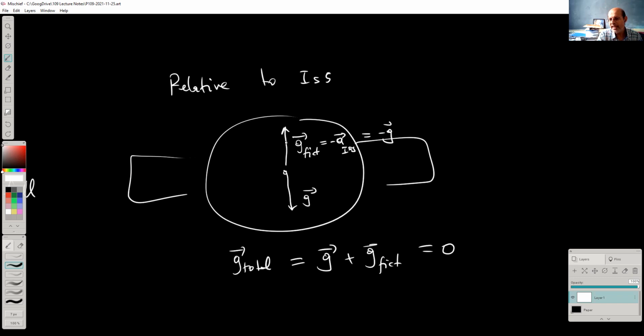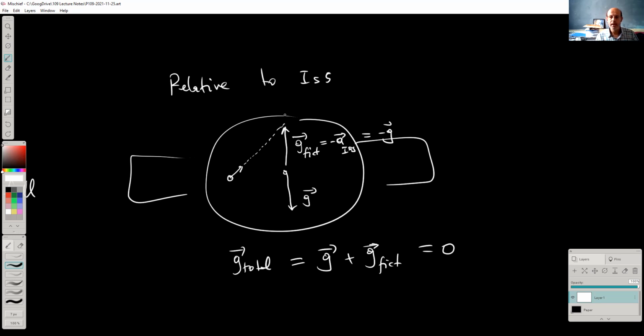So when they add this fictitious gravity, they find the total gravity inside to be 0. This total gravity is the real gravity plus the fictitious one. So when they investigate projectile motion, they throw a projectile, and this projectile is basically in free fall, but the free fall acceleration is 0, so they see it following a straight line.